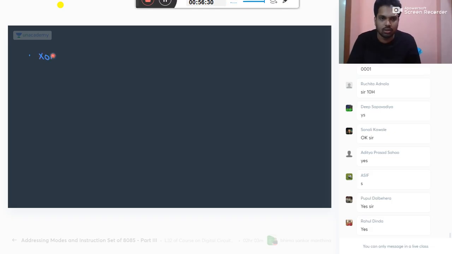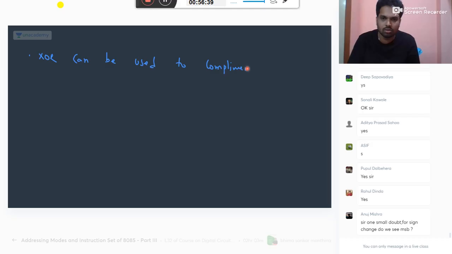For example, see here, accumulator is equal to 55H, XOR, okay.